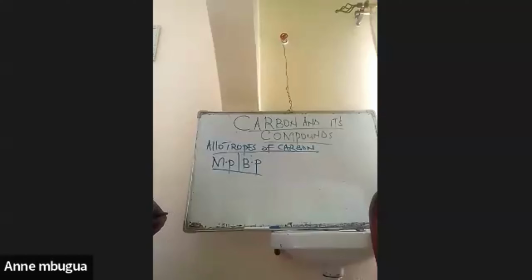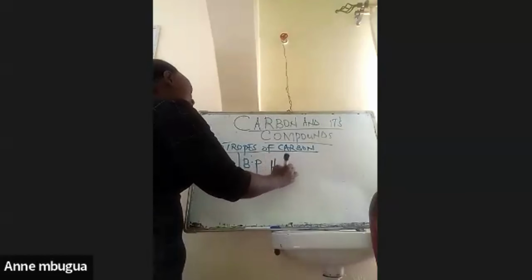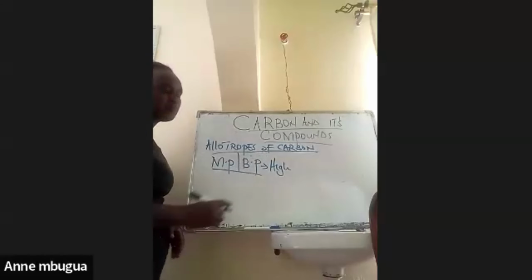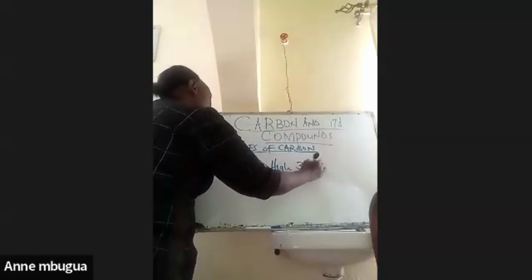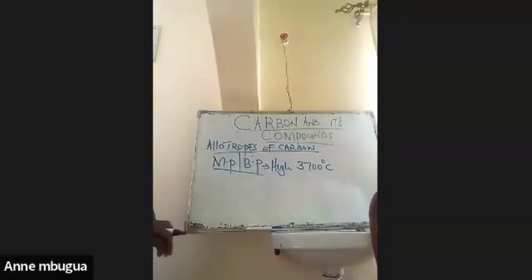Diamond has a very high melting point and boiling point of around 3700 degrees Celsius.